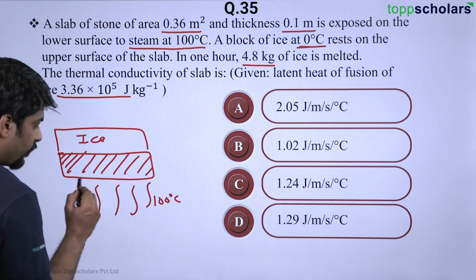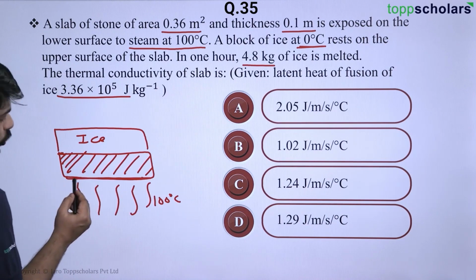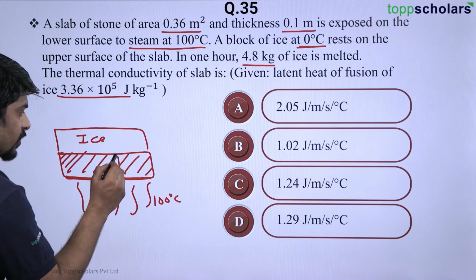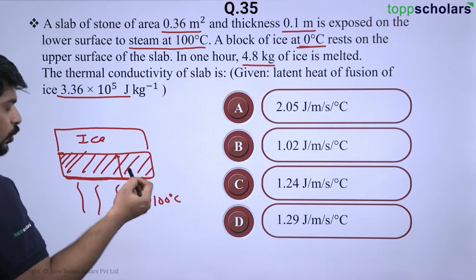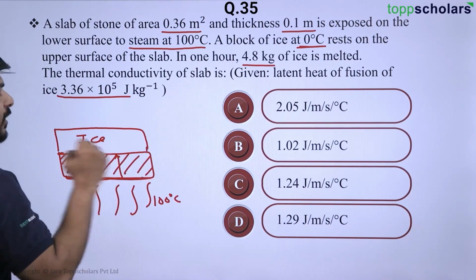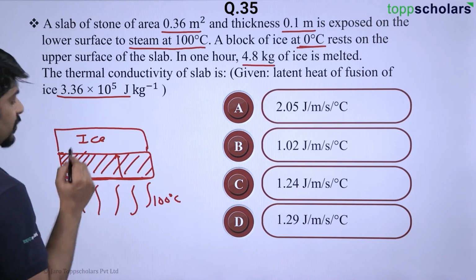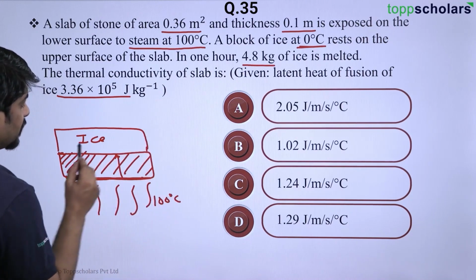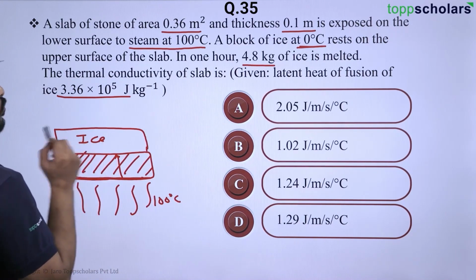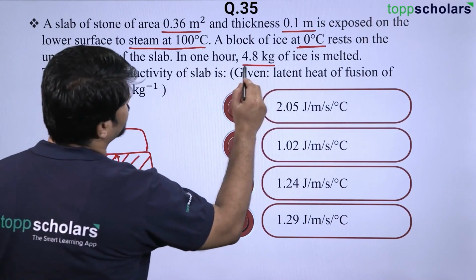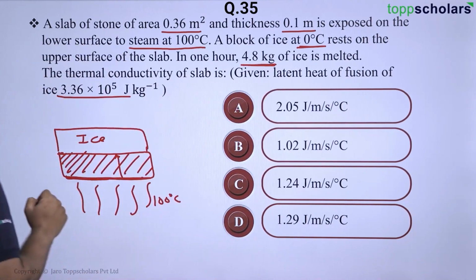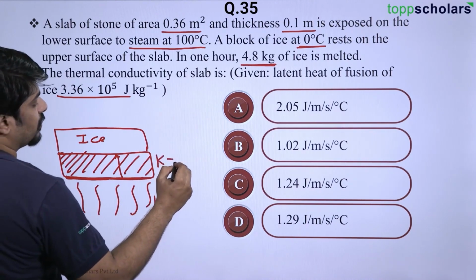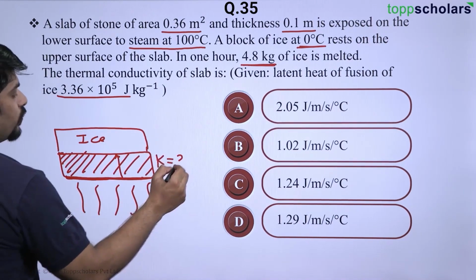Therefore the lower surface of the slab is going to be heated, and this heat is going to be transferred to the upper surface slowly, depending on the thermal conductivity of the slab. Because of this heat transfer, the ice is slowly going to melt, and it has been given that in 1 hour 4.8 kg of ice has melted. So what is the thermal conductivity K for this material? That is what we have to find out.